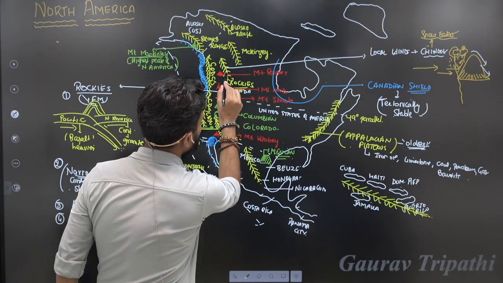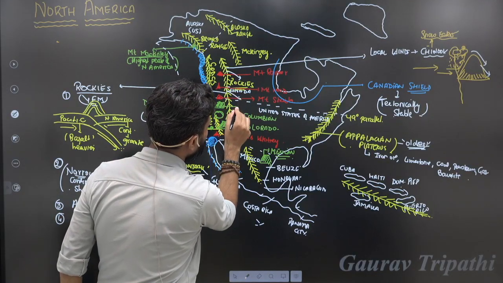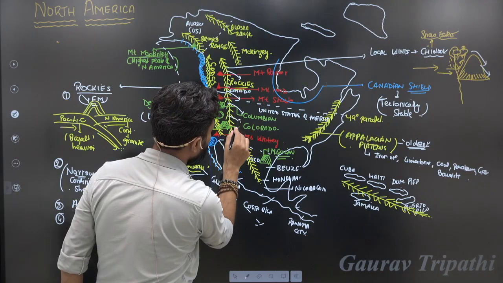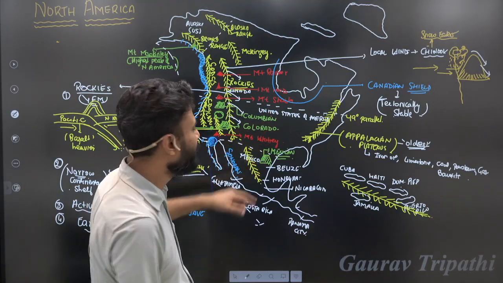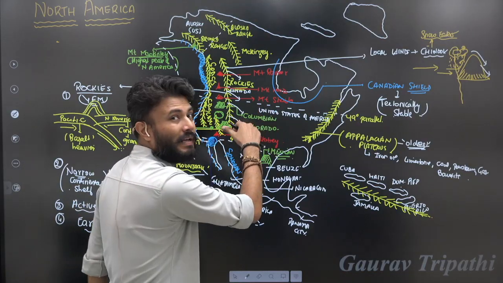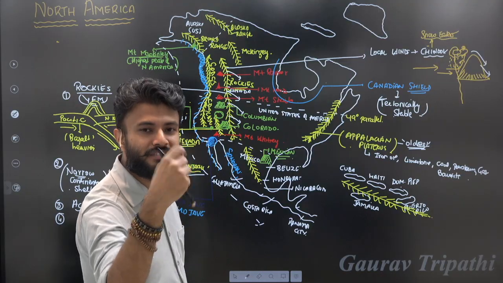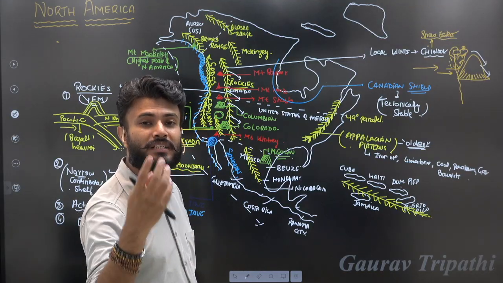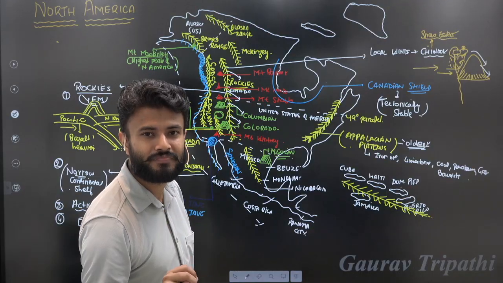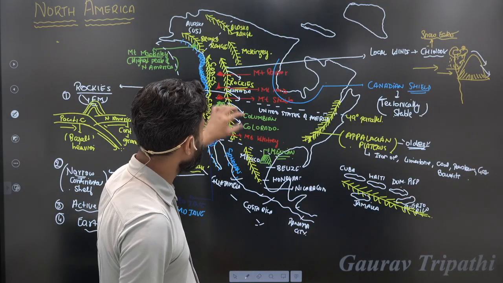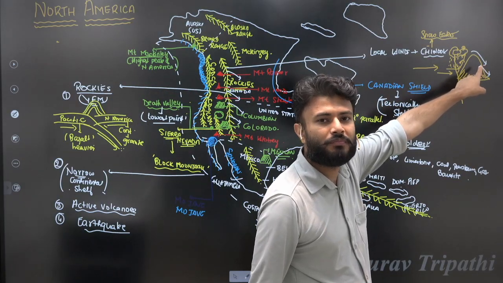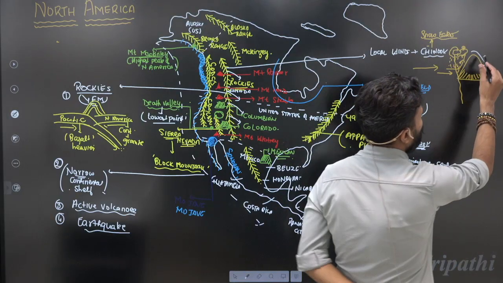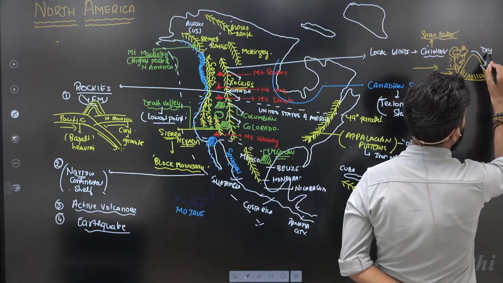From here the winds start moving in this direction and come to the Great Plains areas. In the atlas you will see that here we have the Great Plains areas. Prairies is written. So what is a prairie? Prairie is a temperate grassland, right? So in this region, when the winds enter, they have already shed all of their moisture and hence this wind becomes a dry wind.